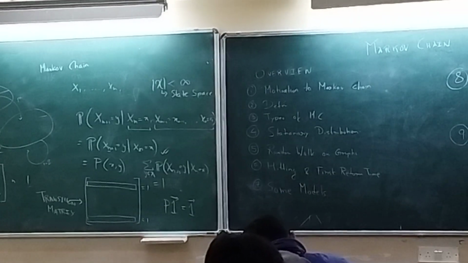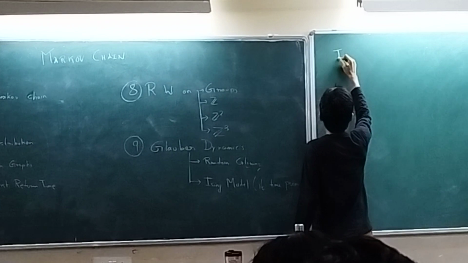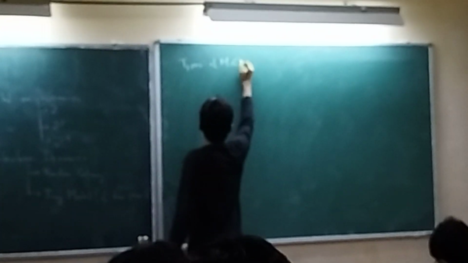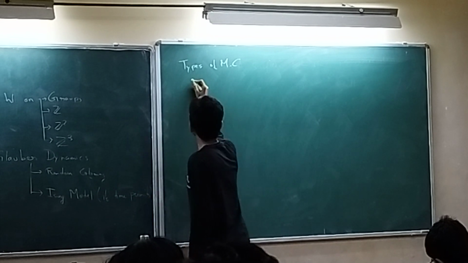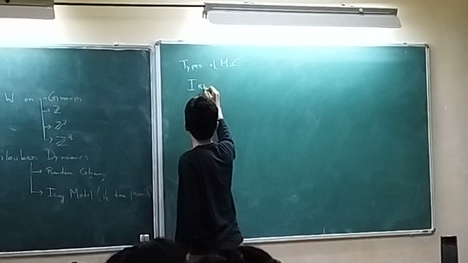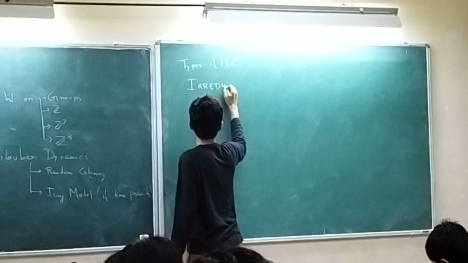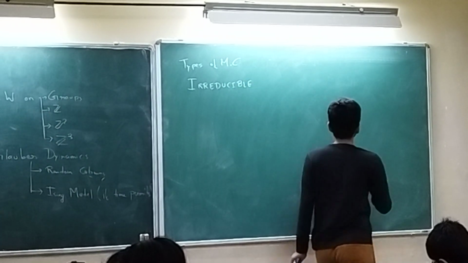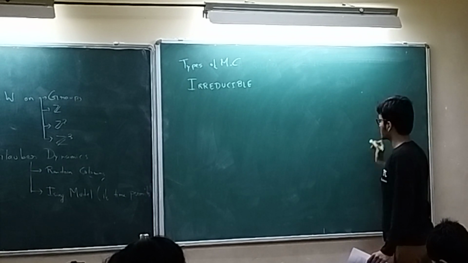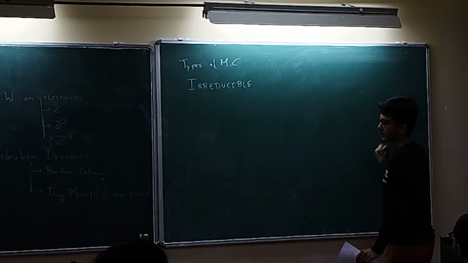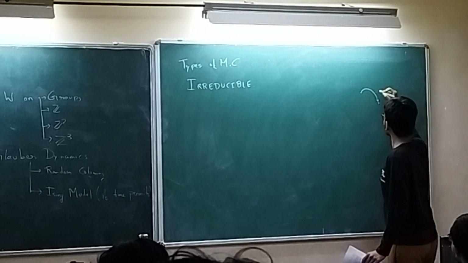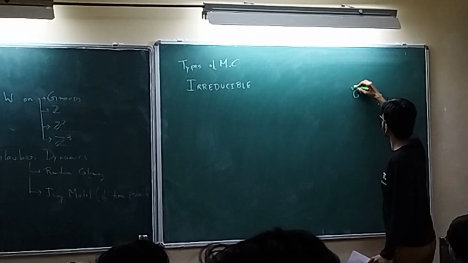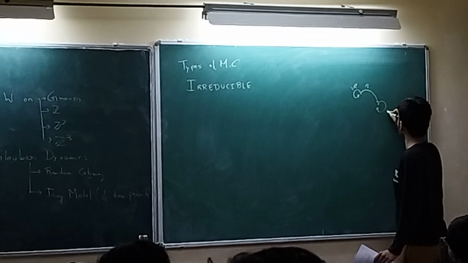Now I will discuss some types of Markov chain. So firstly, let us again take this lily pad example, but I am just not drawing the lily pad again, I am just denoting with points. And you go from here to here with probability c, return to here with probability 1 minus c. Same goes for this thing.